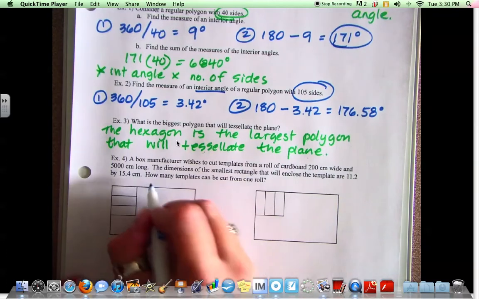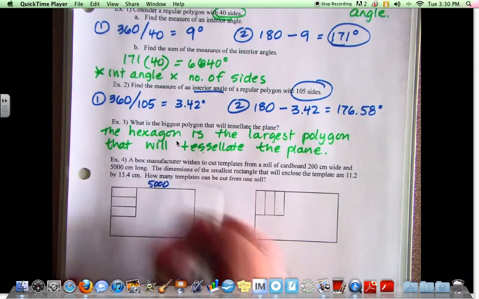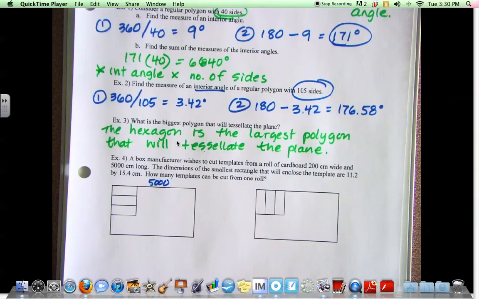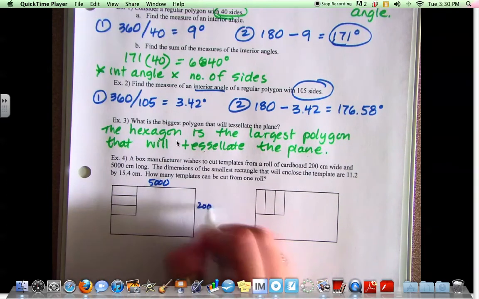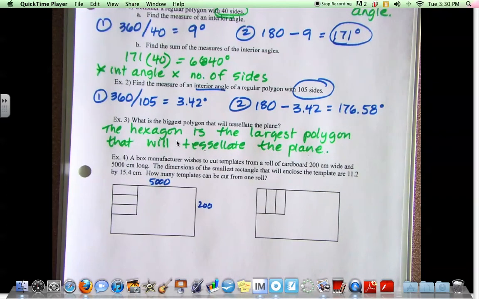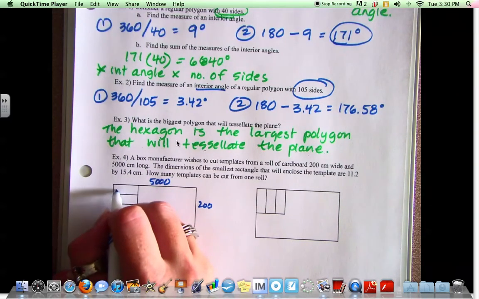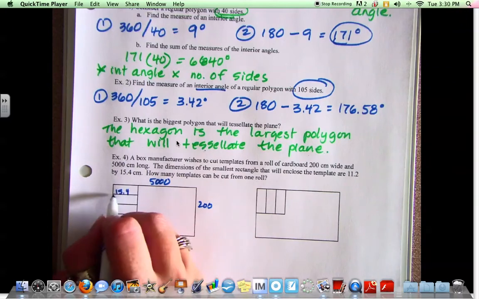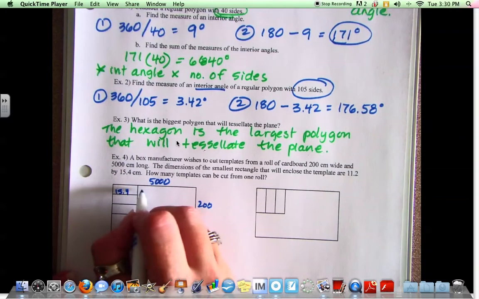So, we have this first design is 5,000 this way and 200 this way. We have smaller templates that are 15.4 long this way and they're 11.2 wide this way.